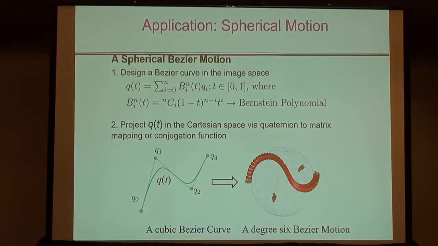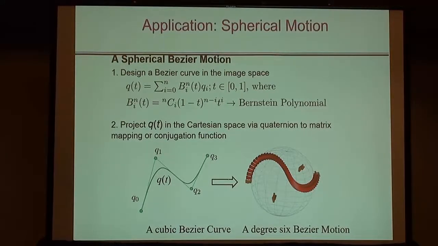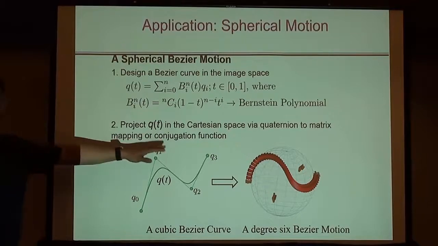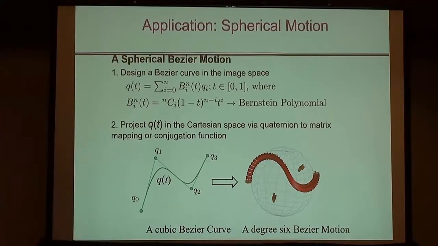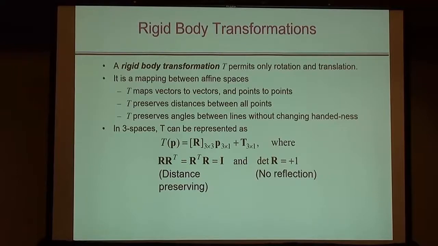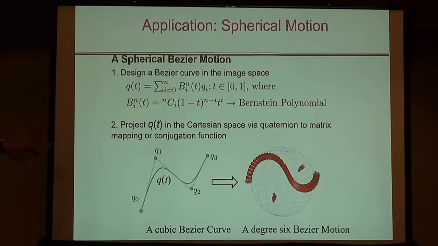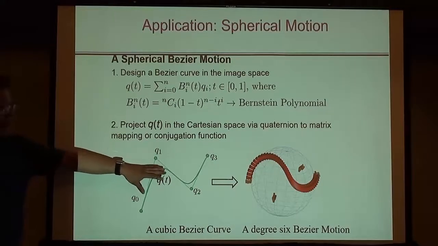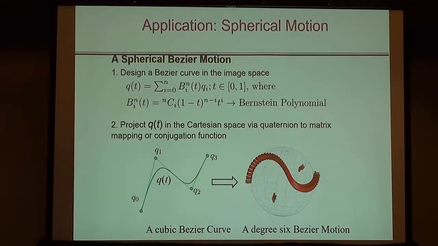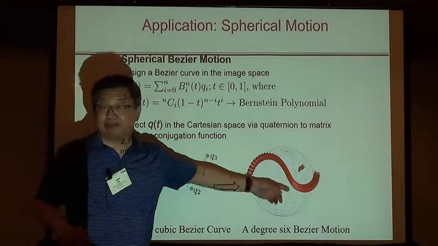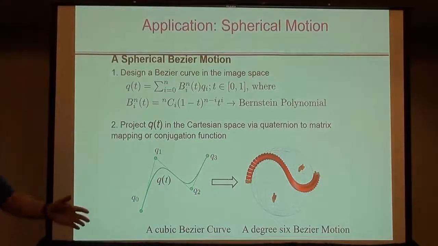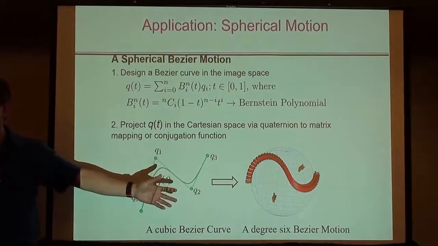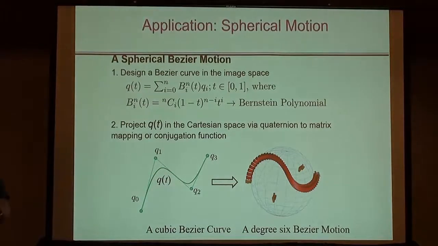It works pretty much the same way as a Bezier curve. You can extend this to B-spline, even to two-dimensional motion. Any questions about this? We have also done work on computing the swept volume of the tool. It turned out that the quaternion formulation gives you a very efficient algorithm to do that.